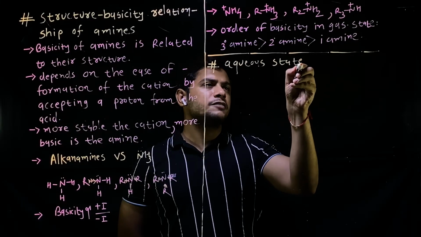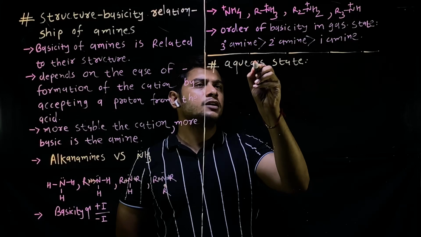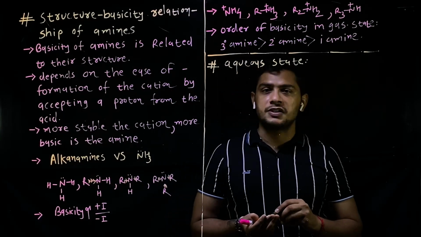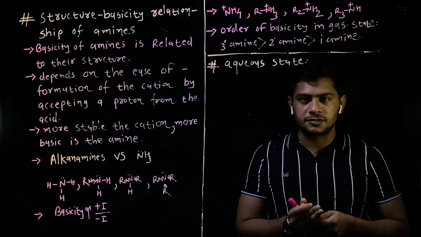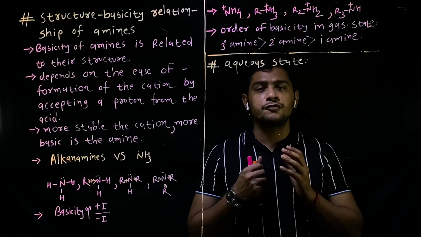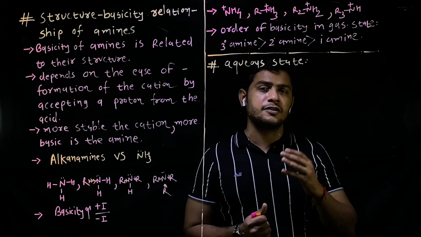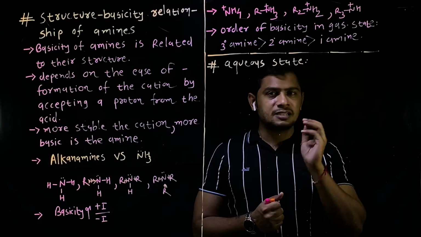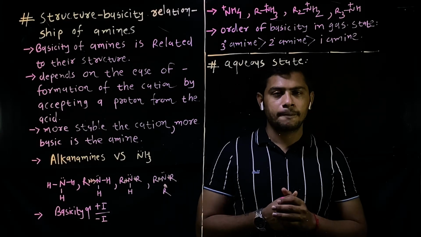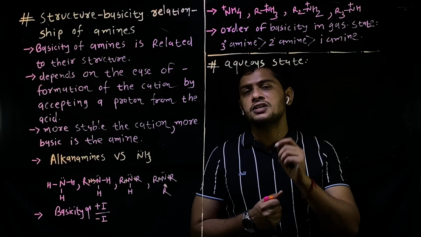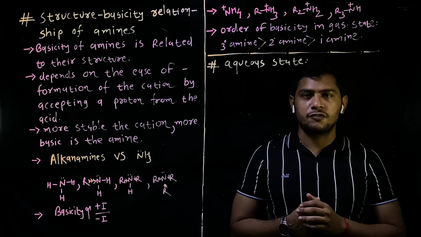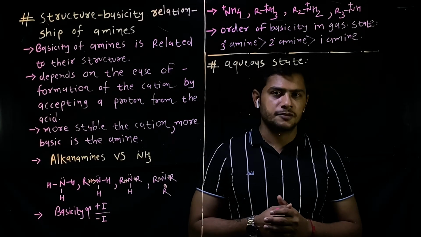Now friends, in aqueous state, if we need to understand the basic character of amine, we have to understand the solvation effect. We can see that there are different numbers of alkyl groups present in different amines. As the number of alkyl groups increases, solubility decreases. So solvation decreases. And as the solvation decreases, basic strength of amine in aqueous state decreases.